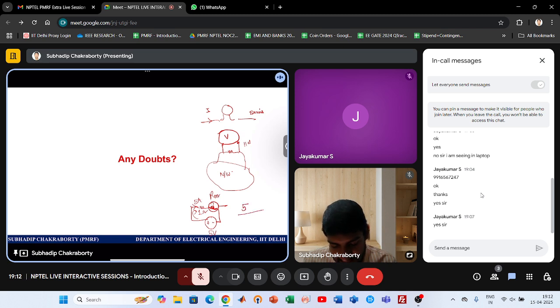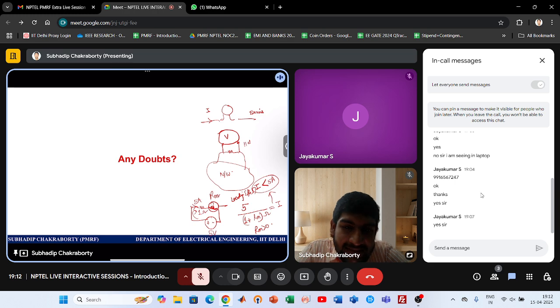Then the current is 5 by (1 plus Rm) ohm. And obviously Rm is greater than 0, so I is now less than 5 ampere. So this is what is known as loading effect. Clear? Yes or no? This concept is very important.